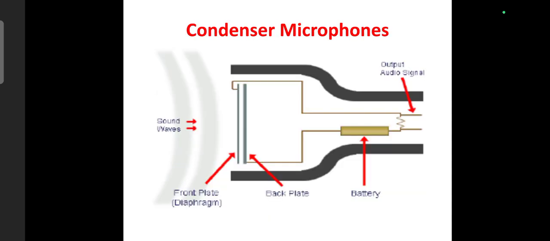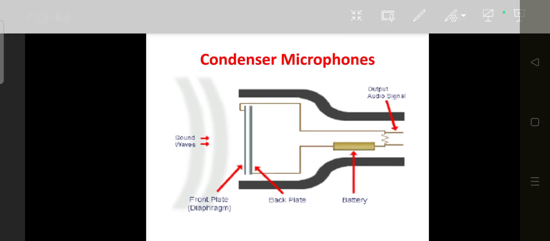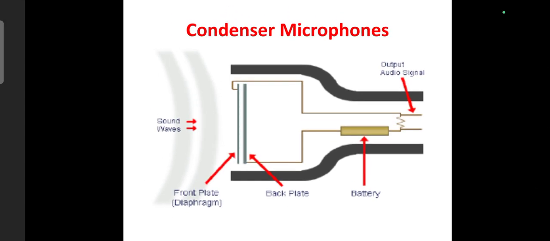Next is the condenser microphone. A condenser microphone works using the principle of variable capacitance. It consists of two closely spaced plates. One plate acts as a diaphragm while the other remains fixed. When sound waves strike the diaphragm, the distance between the plates changes. As the distance changes, the capacitance also changes.